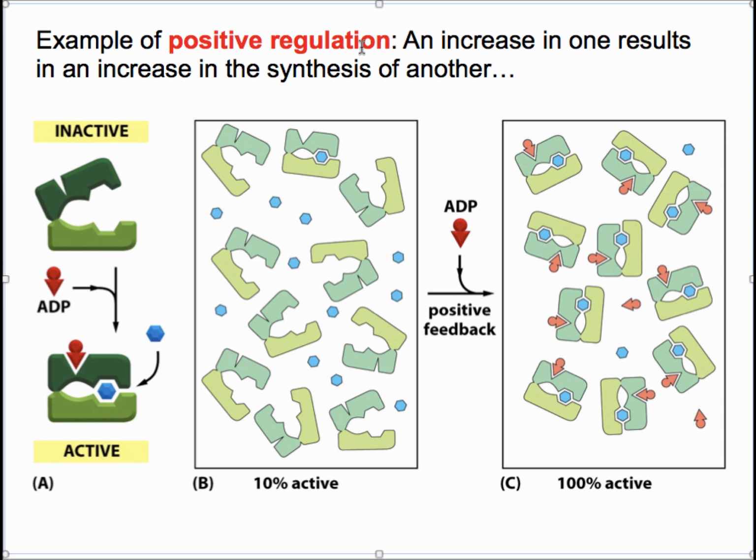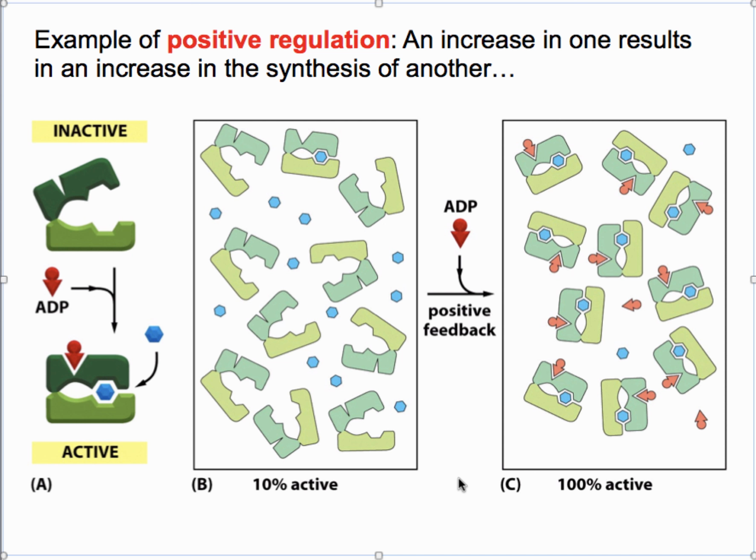of positive regulation, where the binding of a ligand to an allosteric site leads to the activation of a protein or enzyme. Had this slide been talking about negative regulation instead of positive regulation, the binding of a ligand to a target protein would have led to the inactivation of that protein.